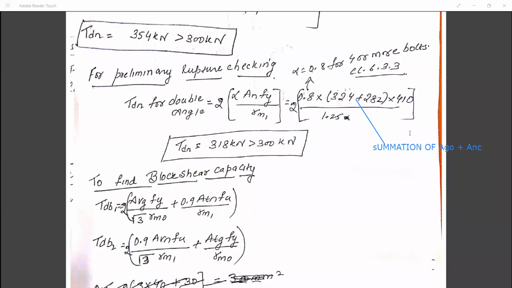I hope you are getting it now. So if you substitute all this, don't forget to multiply with 2. If you forget to multiply with 2, so that is nothing but 318 kilonewton.